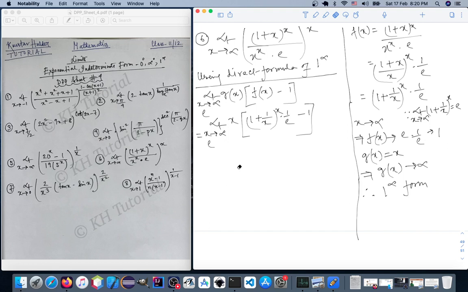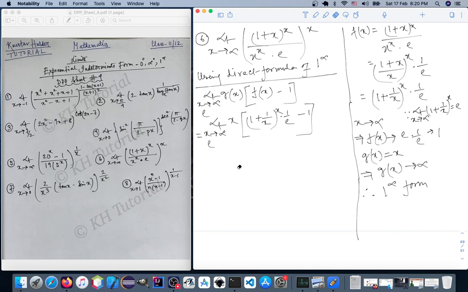And we can transform this into 0 by 0 or infinity by infinity form, but I am not sure how to differentiate (1 plus 1 by x) to the power x.